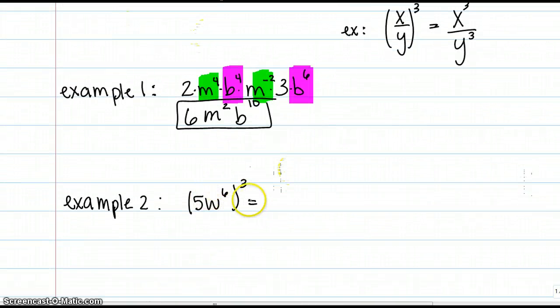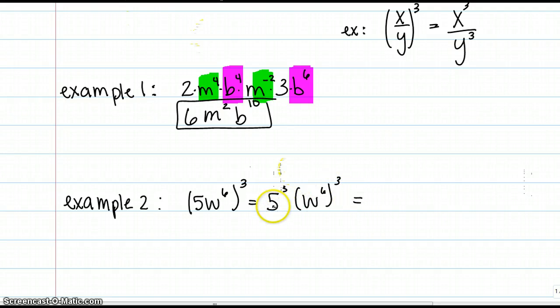So I can rewrite this as 5 to the 3rd power and w to the 6th power raised to the 3rd power. So this is, you could see it a little bit better. That was rule number 3. So now if I apply rule number 2, a power to another power, I can simplify this even further.